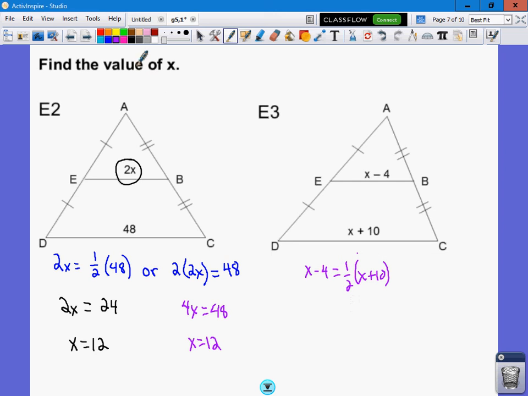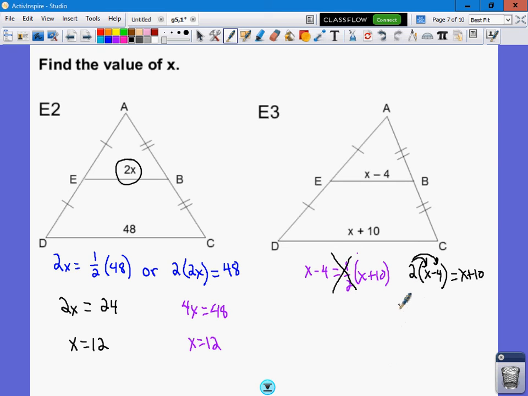So this would not be my preferred method. I wouldn't do this. I would do this. 2 times the mid-segment is equal to the third side. Because then instead of distributing a half, what am I going to distribute? A 2. And it's certainly easier to distribute 2 than it is to distribute 1/2.